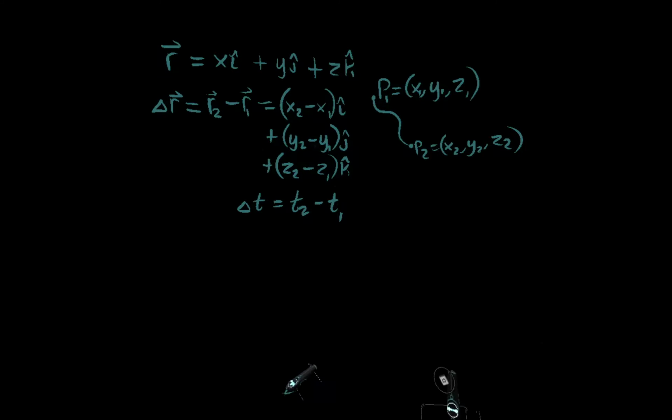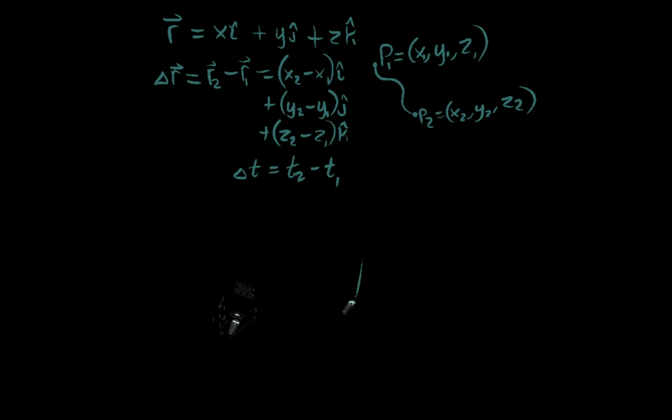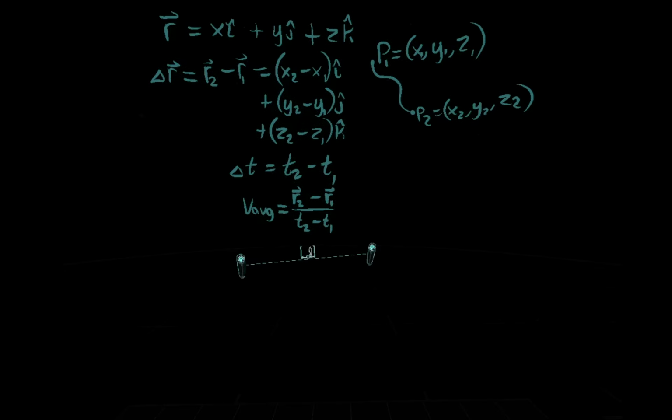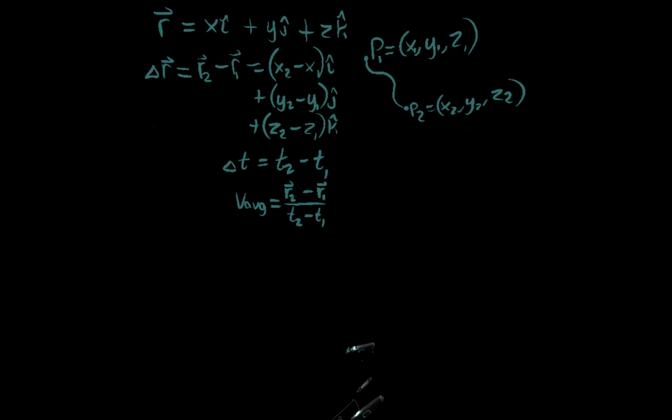Well, then its average velocity, just like before, would be given by the position vector r2 minus position vector r1 divided by t2 minus t1. Time is not a vector, it's a scalar, but the result is still a vector. So we have delta r position vectors divided by delta t.